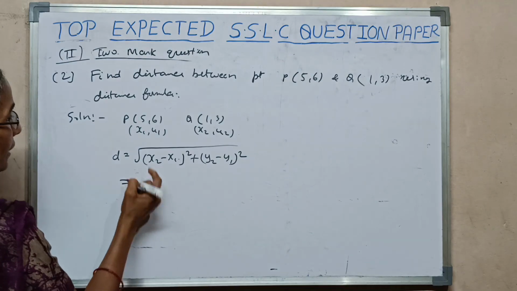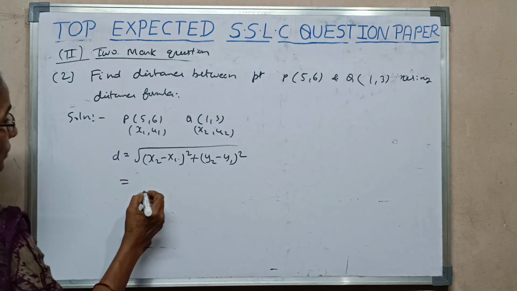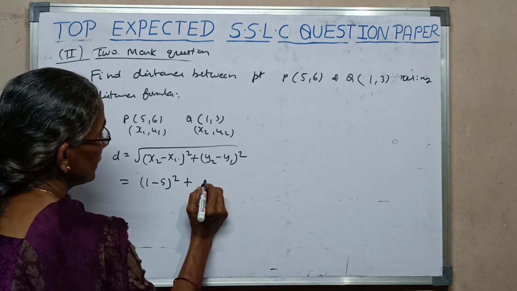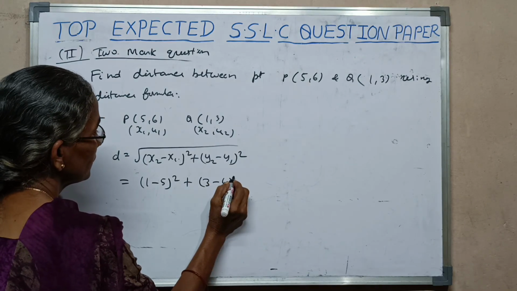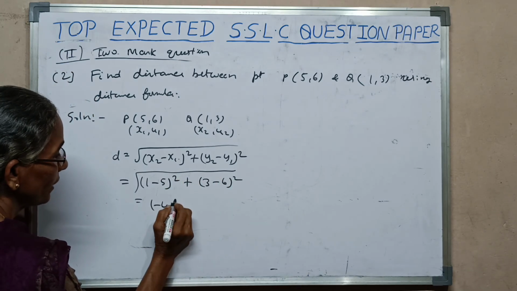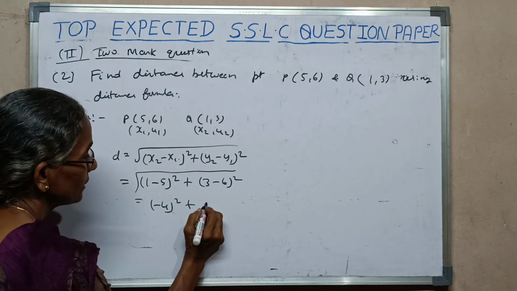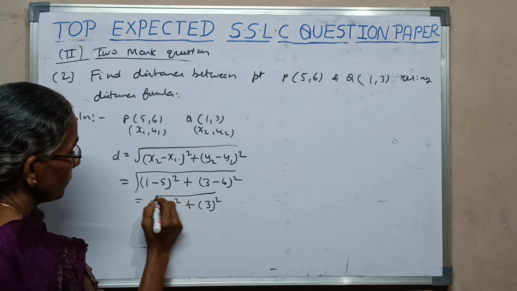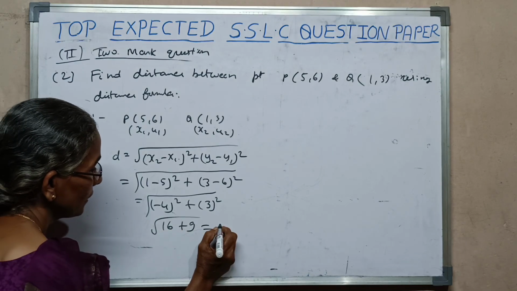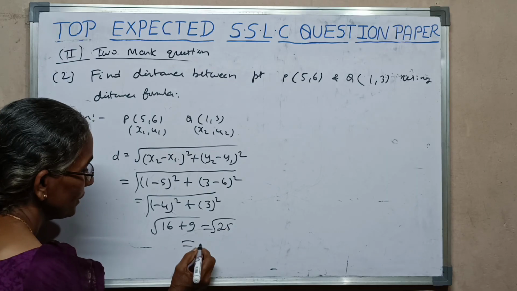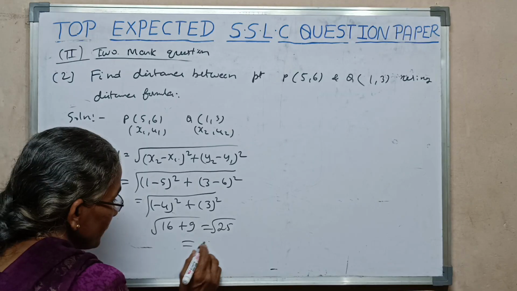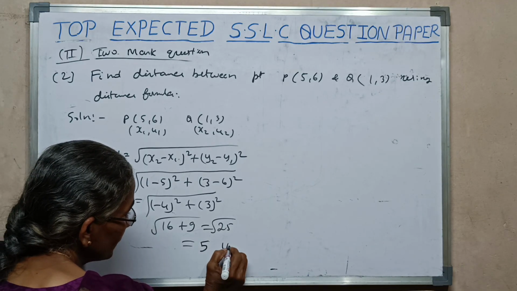So x2 is 1, x1 is 5: 1 minus 5 whole square plus 3 minus 6 whole square. 1 minus 5 is minus 4, squared, plus 3 minus 6 is minus 3, squared. 16 plus 9 is 25. Square root of 25 is 5. So the distance between the 2 points is 5 units.